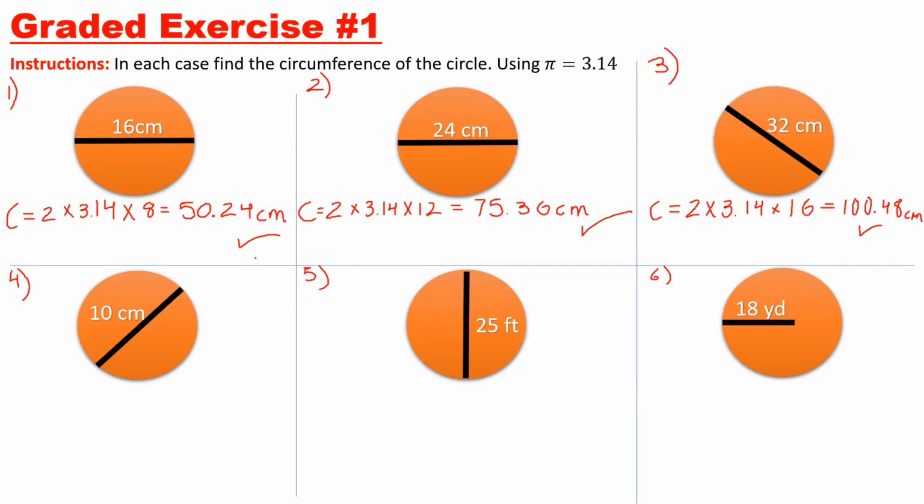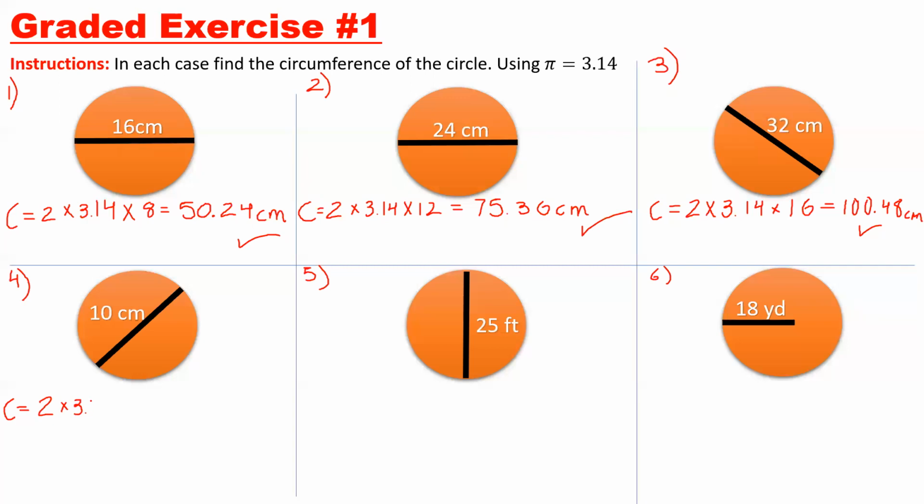Number 4 should have been easy. C is equal to 2 times 3.14 times 5.